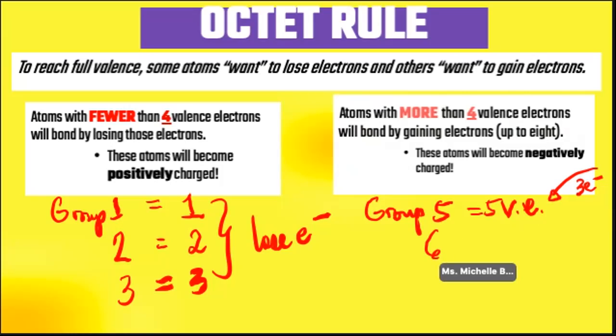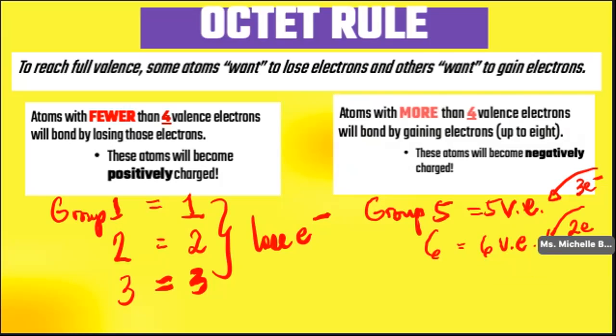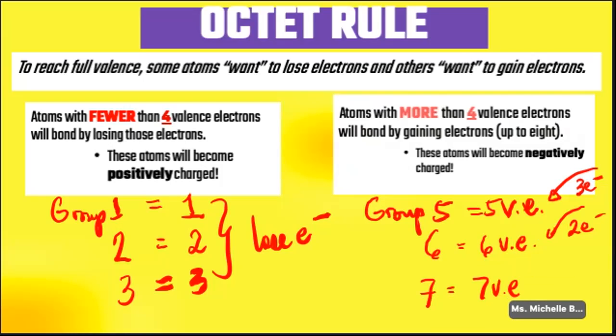Group 6 has 6 valence electrons. To make it 8, it needs to gain 2 electrons. And group 7 has 7 valence electrons. It needs to gain 1 electron. Okay?